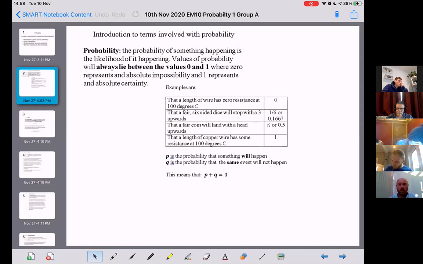Equally, from that, Q is 1 minus P, and P is 1 minus Q. So the fact that you know they always add up to the whole, if you know one of them, you can always find the other one.